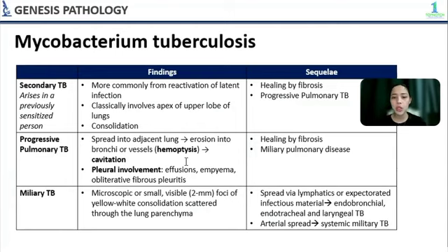So meron siyang effusion, empyema, okay? And then miliary TB, this happens kung nag-disseminate na yung tuberculosis mo. If it spreads via lymphatics, pwede siyang ma-expectorate ulit, causing endobronchial, endotracheal, and laryngeal TB, and arterial spread para mag-cause ng systemic miliary TB. Tinawag siyang miliary TB kasi yung appearance niya parang millet seeds.